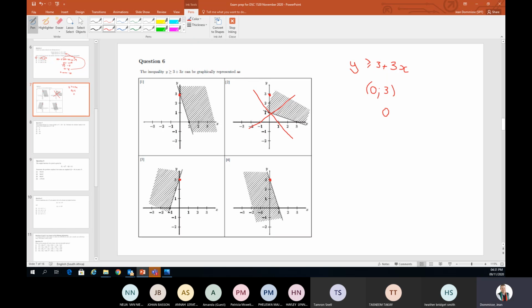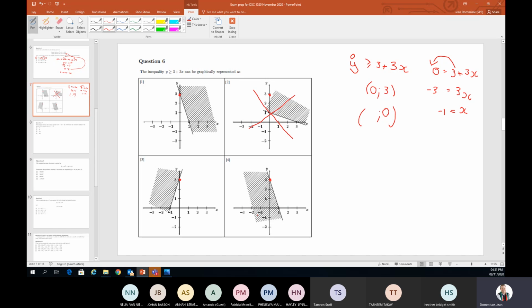When y is 0, so when y is 0, it is, so let's write that equation. It is 3 plus 3x. Take that over to that side, so minus 3 is equal to 3x. So x will be equal to minus 1.